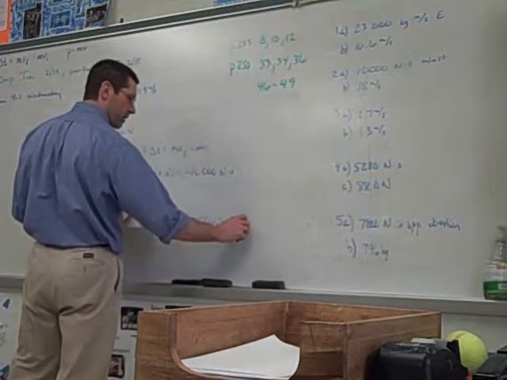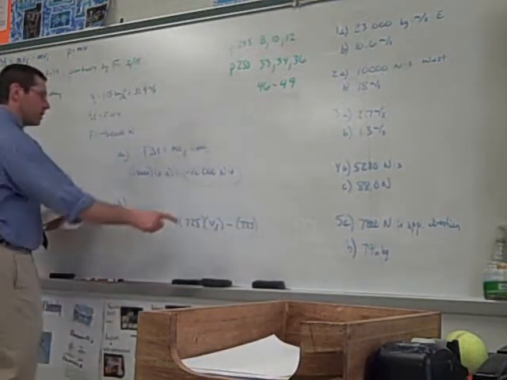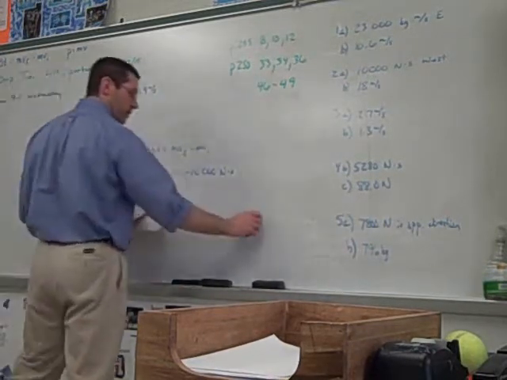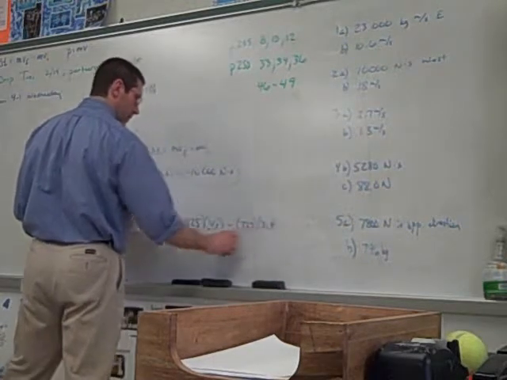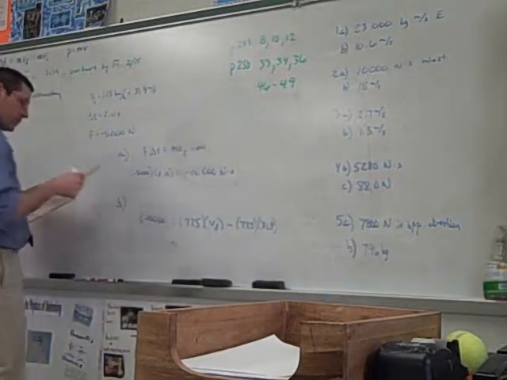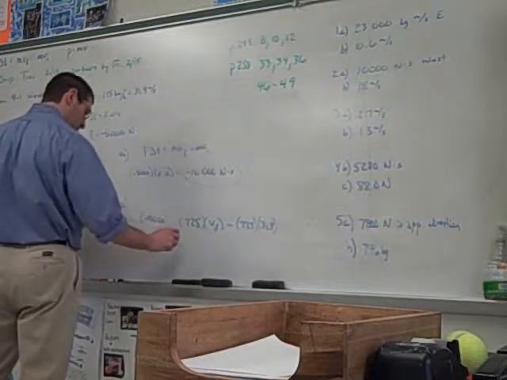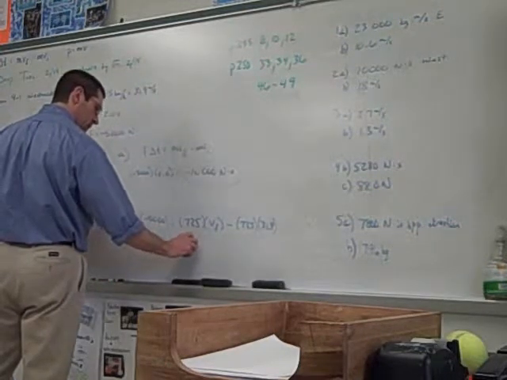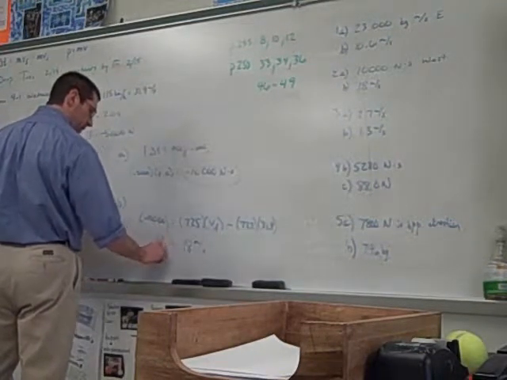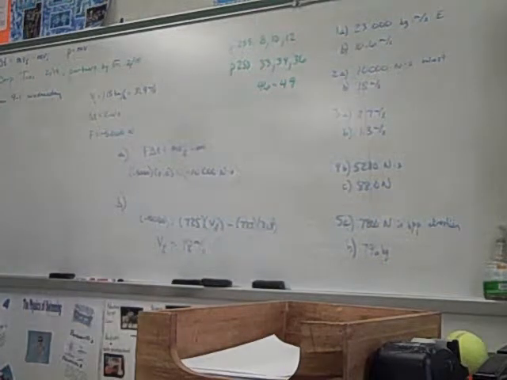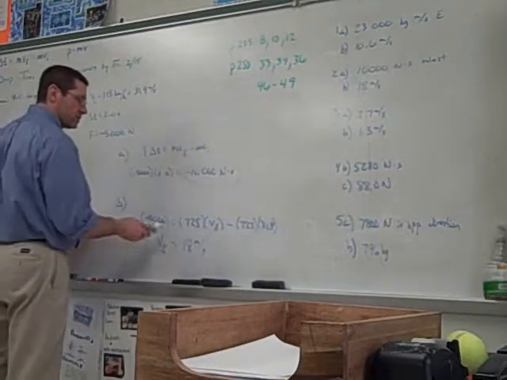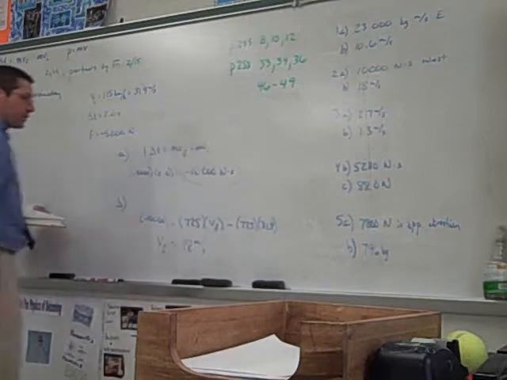And from that you subtract the initial momentum, 725 times 31.9. Then you solve and you get 18 meters per second for VF. Okay, so since we had a negative momentum change, the velocity decreases.